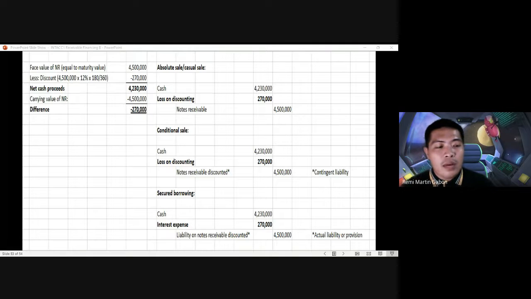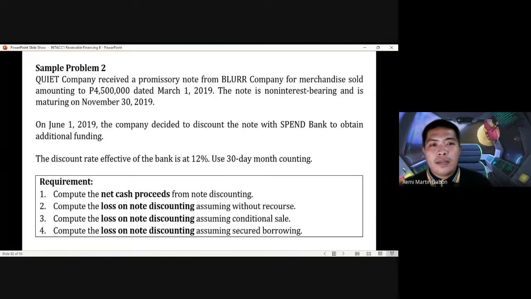4,500,000 by the discount rate, then multiply by the period cover for discounting. Yung discounting natin is good for 180 days. Bakit 180 days? Balikan natin ang problem. Yung date ng ating promissory note, March 1.